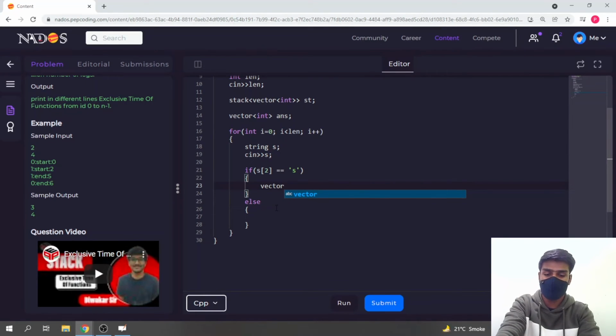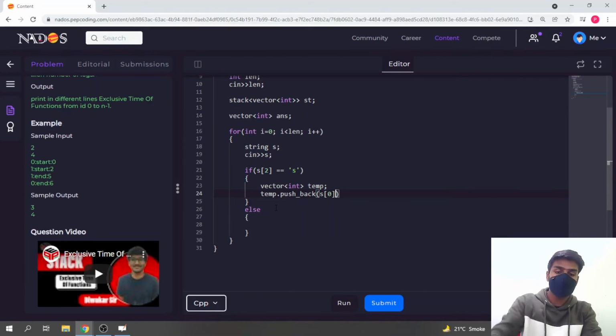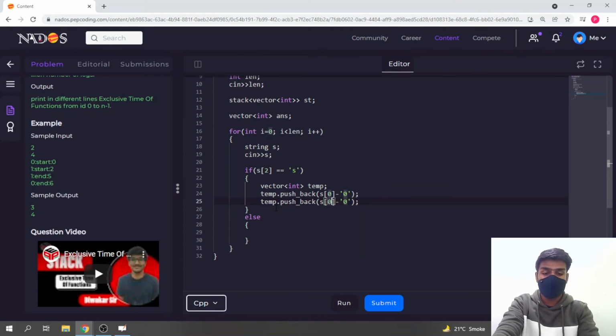Inside it, create a vector temp, because I have to push the values. What will I push inside it? I will push back the first value which I got from the string. The first value is 0 here in the first case, so I have to convert it to an integer. The last value is also needed, so it is of 8 characters, and I will write 8 here.